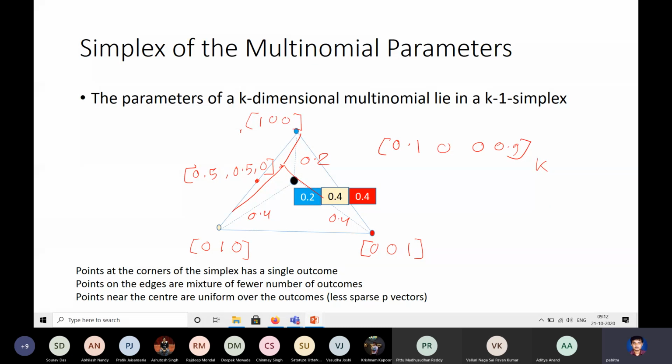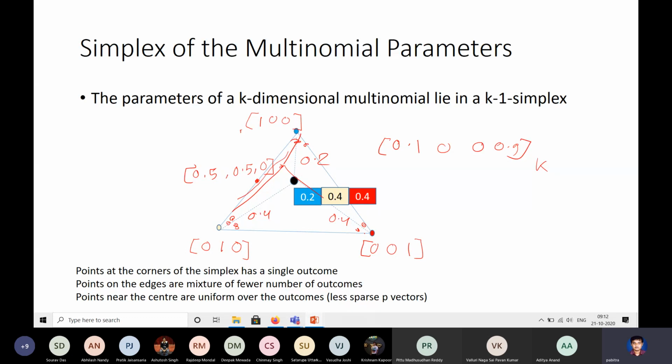You see, the sparse multinomial will usually lie on the edges of this simplex, or rather they will lie towards the corners of the simplex. So the points here and points on these edges are sparse multinomials.